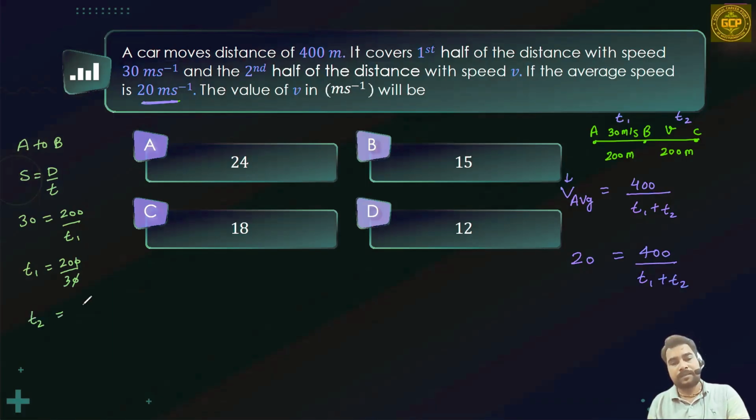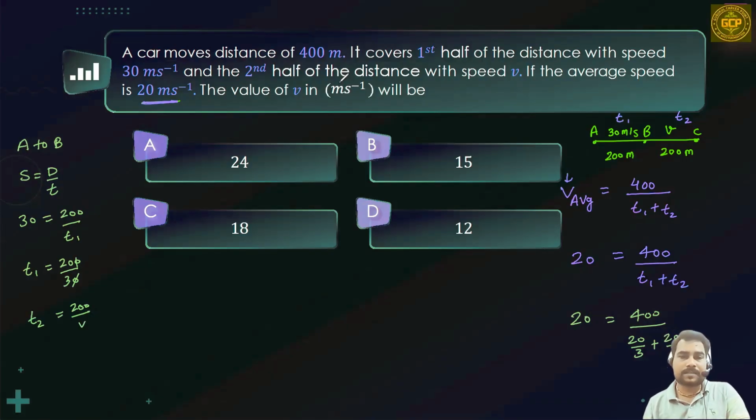In the same manner, T2 value is 200 upon v. So this value you can use here. So 20 equals 400 upon, the value of T1 is 20 upon 3 plus value of T2 is 200 upon v.